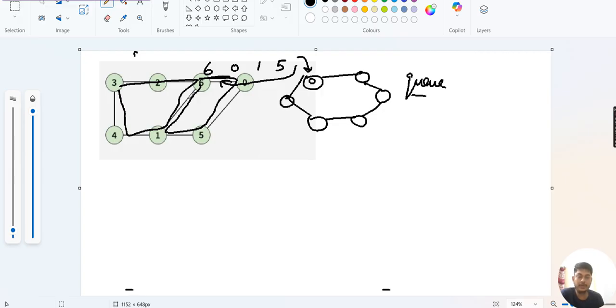Zero will be pushed in the queue in the starting. While the queue is not empty, we will run our algorithm. We pop from the queue, and all its adjacent neighbors will be put in the queue. Like 1 and 2 will be put in the queue. Let us name them 1 and 2.